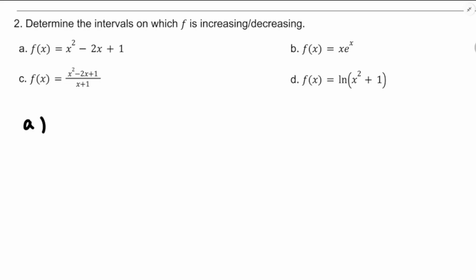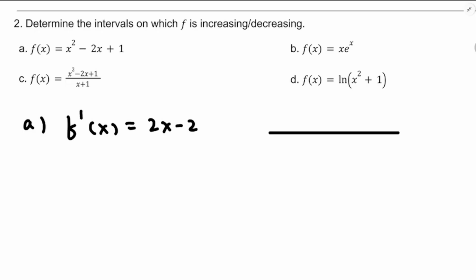Power, product, quotient, chain. All right, so for the first one, f prime of x is going to equal 2x minus 2. And we're going to need to know where this thing is positive and negative. So 2x minus 2, thinking about where that would equal 0, that would be where x equals 1. It's a line with a positive slope, or you could make a sign chart if you wanted, or you could just sketch the graph the old-fashioned way, 2x minus 2, on a grid or something, and get all the same information.